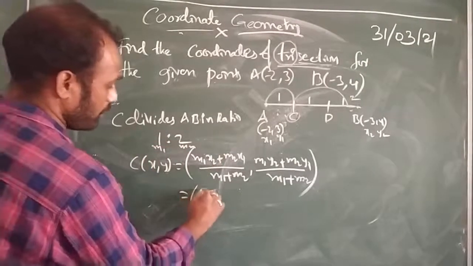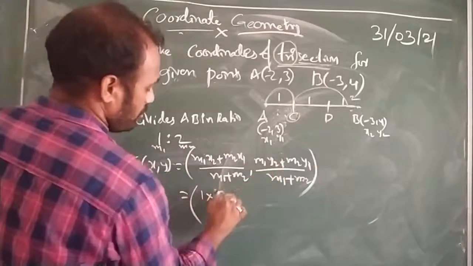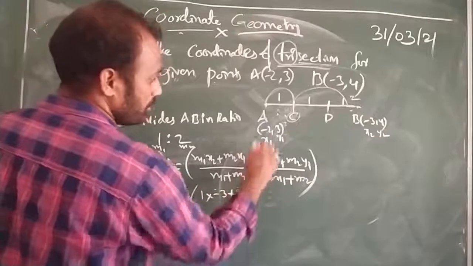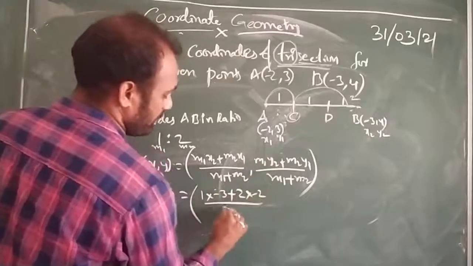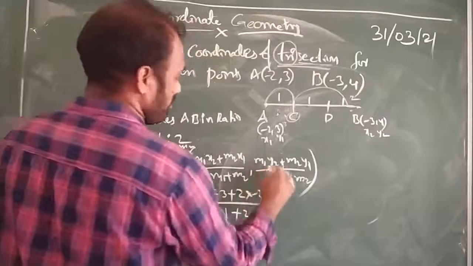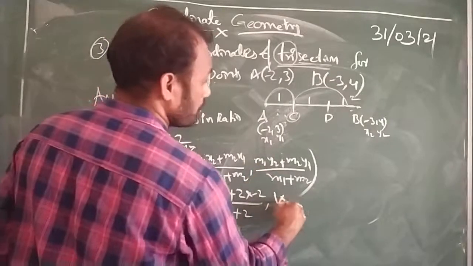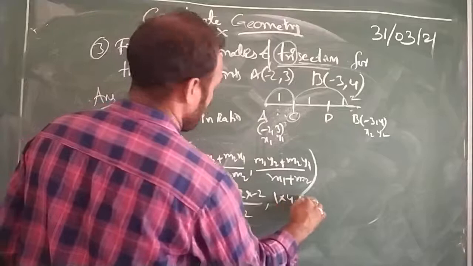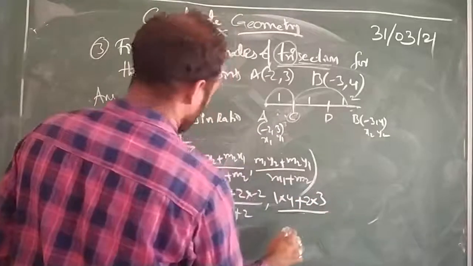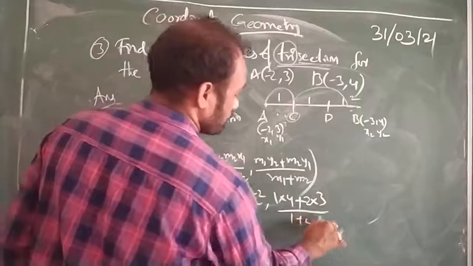So m1 is 1 into x2: 1 into minus 3 plus 2 into minus 2 divided by 1 plus 2, comma 1 into y2 which is 4 plus 2 into y1 which is 3 divided by 1 plus 2.